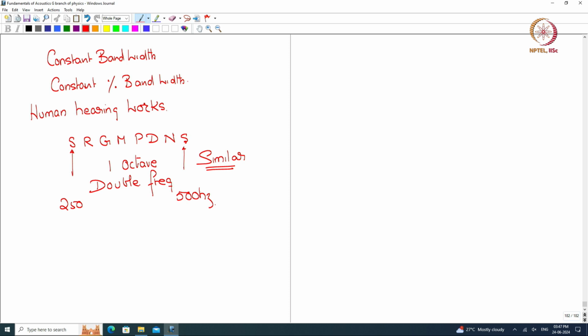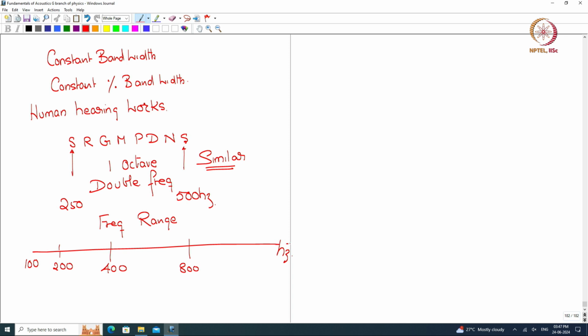So if we break up our frequency range in octaves, let us say I have 100 over here, then I have 200 over here, hertz, then 400 maybe about here, then maybe 800 is here, and then 1600 maybe here or something like that, even more.